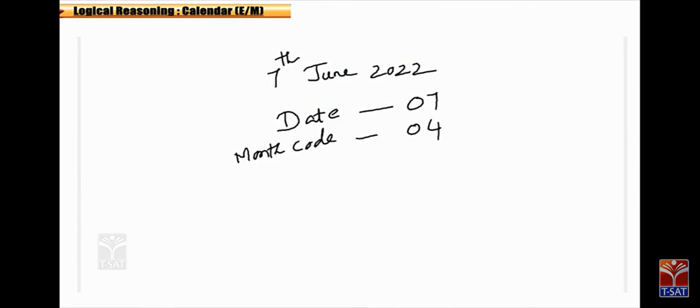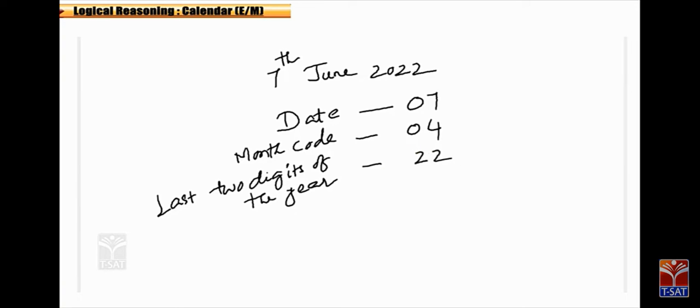Clear? Okay. Now, the last 2 digits of the year. What are the last 2 digits of the year? 22, correct? Okay. And next, you have to write the century code.